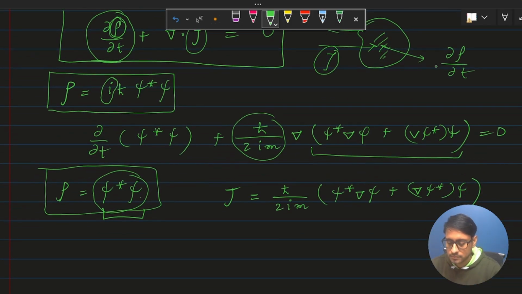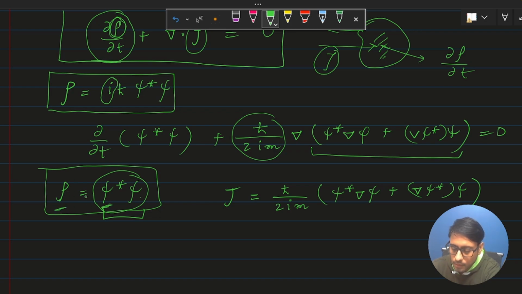And now from quantum mechanics you know that this rho, psi dagger psi, represents the probability of finding the particle in a region, okay. So for any region you can solve the Schrödinger equation, and then you can find this rho.